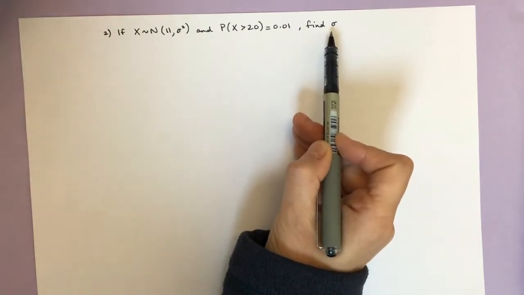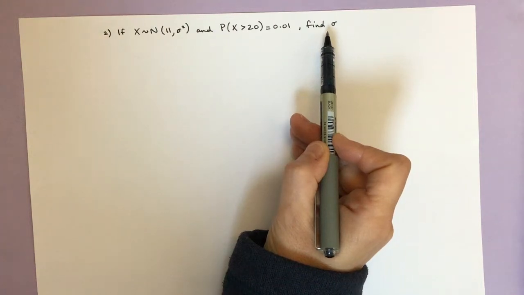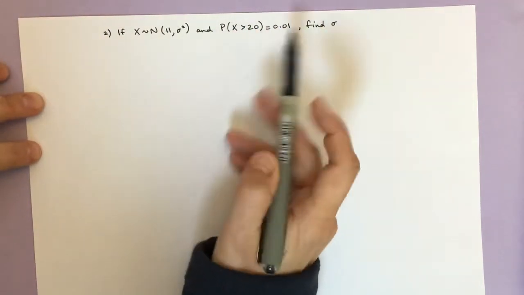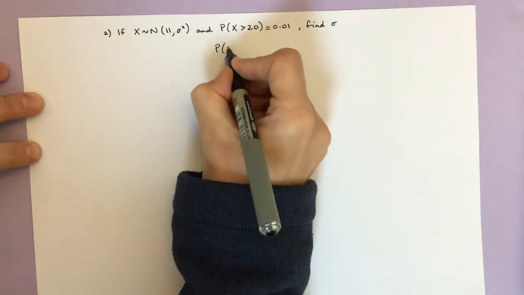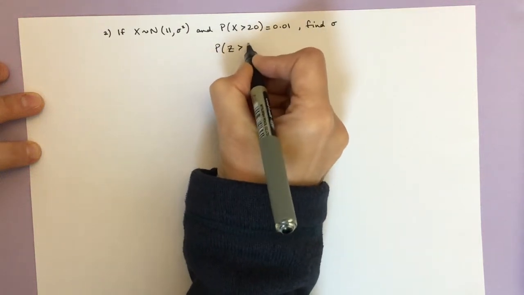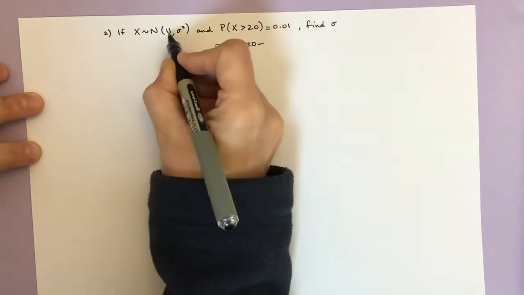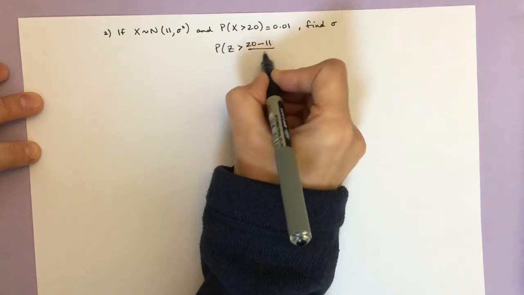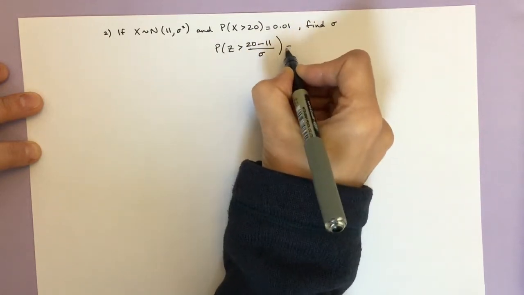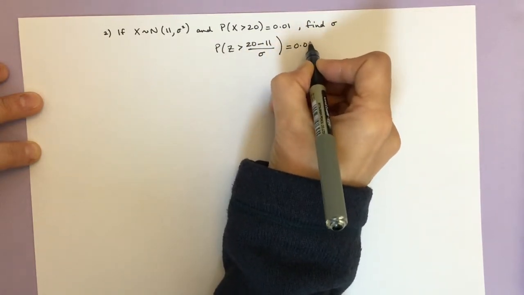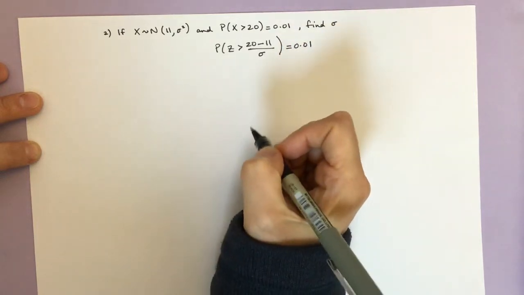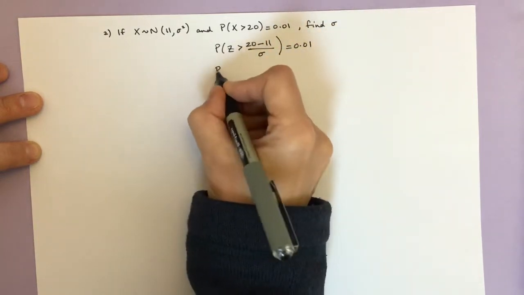So we're going to start off, just as we did before, by standardising this question. So what does that mean? Z is greater than the x value minus the mean divided by the standard deviation. Okay, so here let's just tidy it up a little bit.